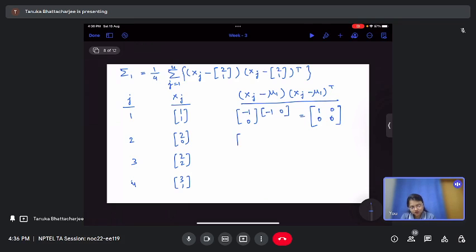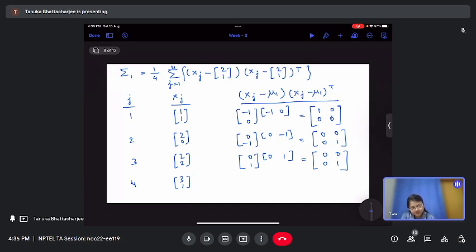Similarly for the next one, xj is (2, 0), mu 1 is (2, 1), so xj minus mu 1 is (0, -1) times (0, -1) transpose. We get the matrix [0 0; 0 1]. For the next one, (0, 1) times (0, 1) transpose, the matrix will be [0 0; 0 1] again.